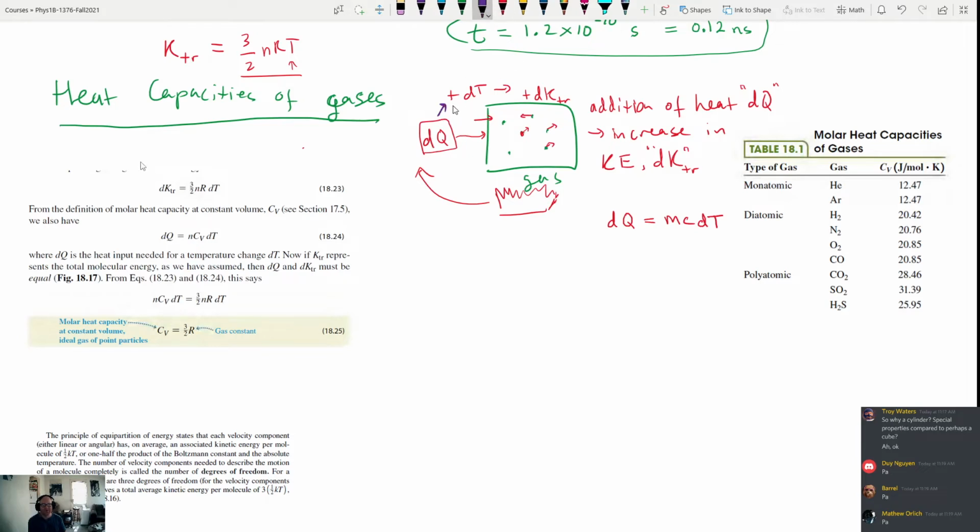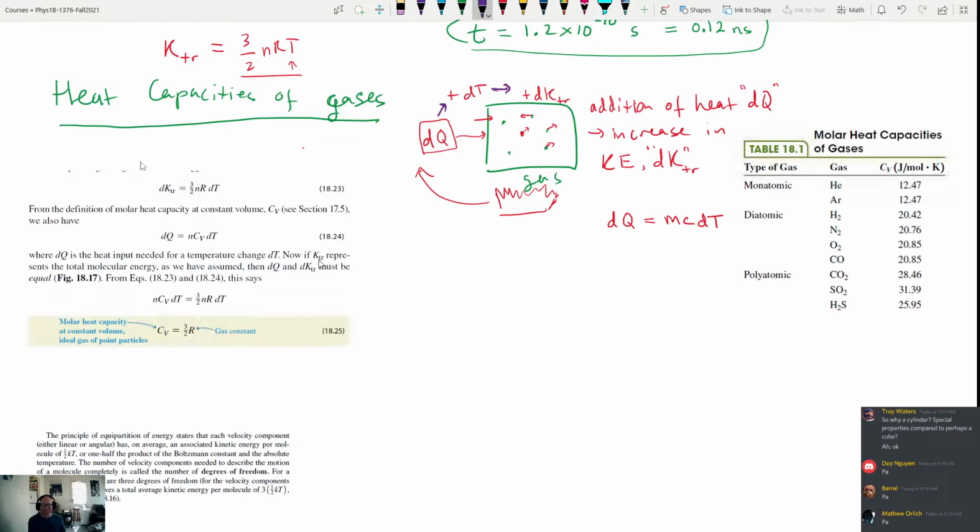You have a heat increase, which leads to a temperature change, which leads to the energy of the molecules actually increasing. Now, all this stuff happens at the same time; they're all connected to each other. What we'd like to do is connect these equations to each other, which we can do. Because dq is the heat input needed for a temperature change dT.